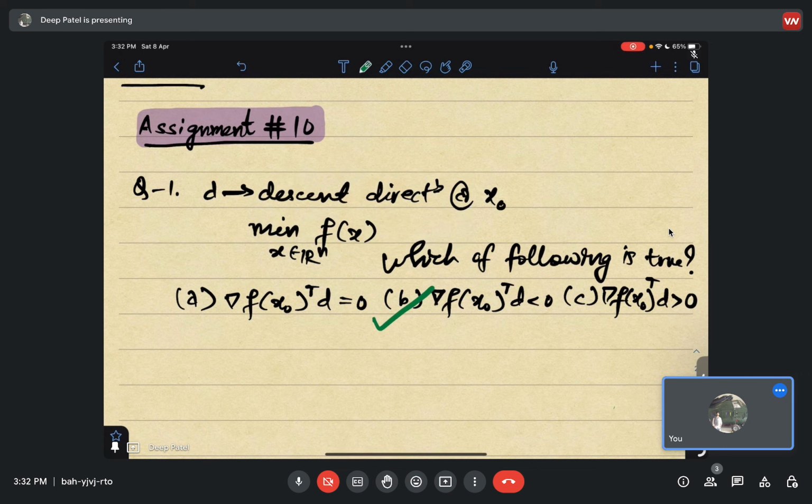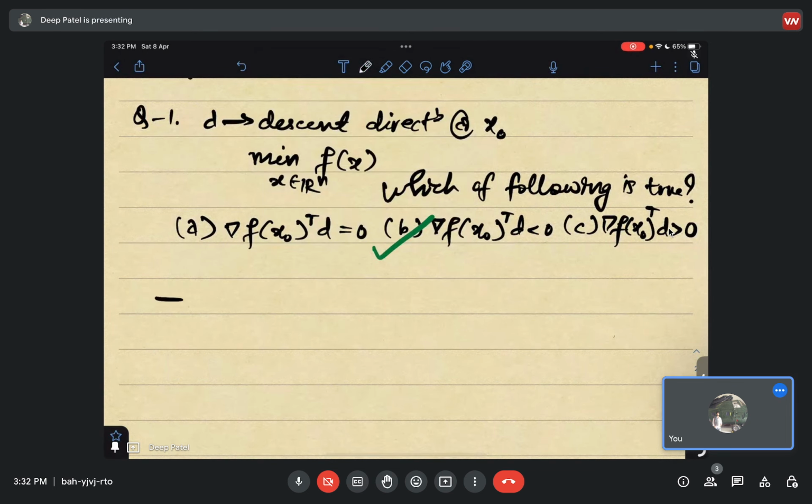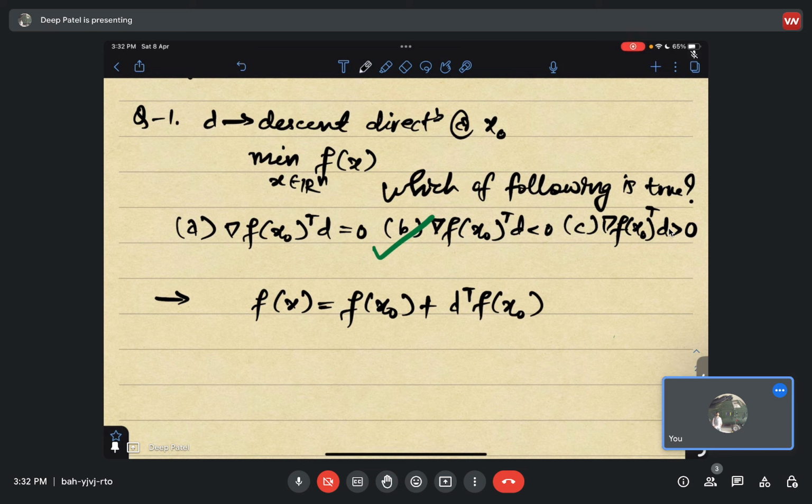Correct. One more way to see it quickly would be, say you have f of x, and I'm doing a Taylor series approximation.